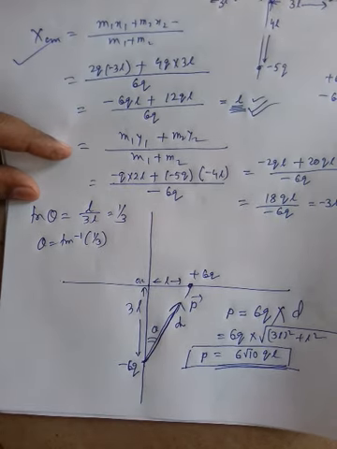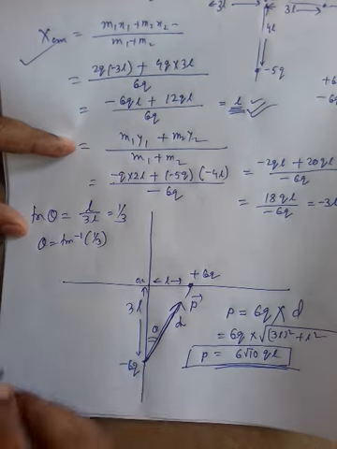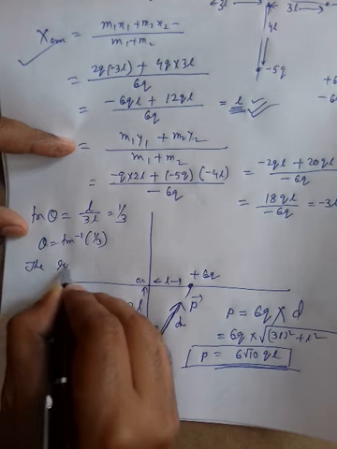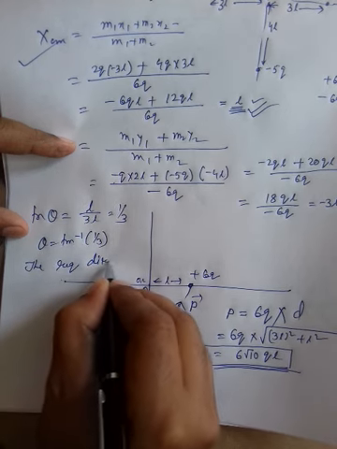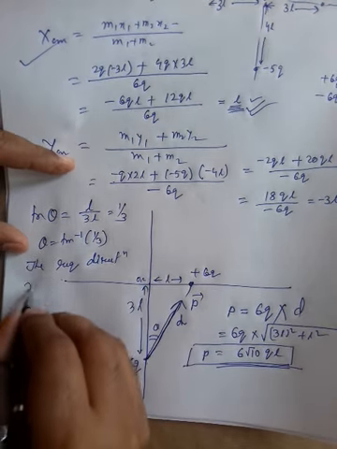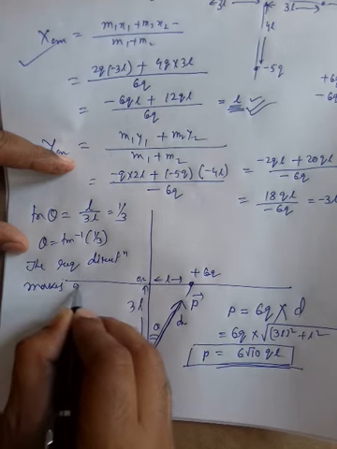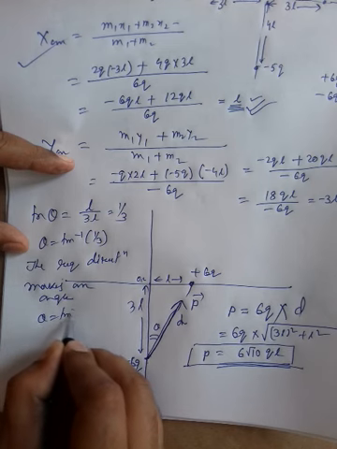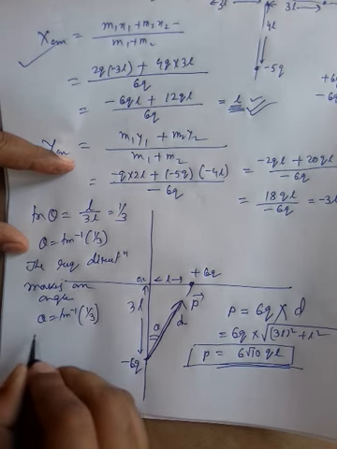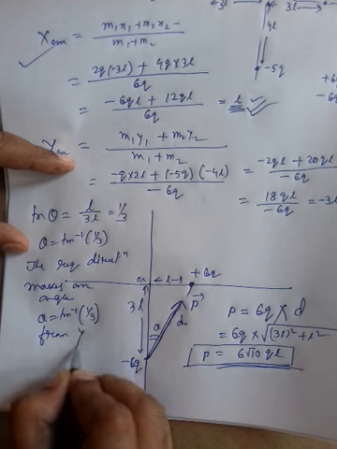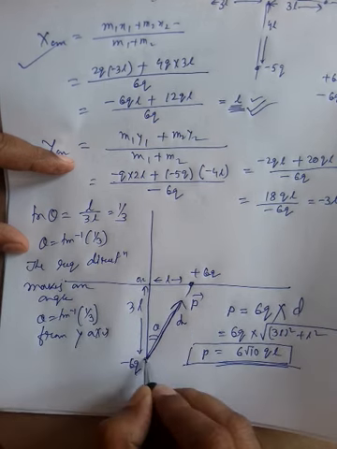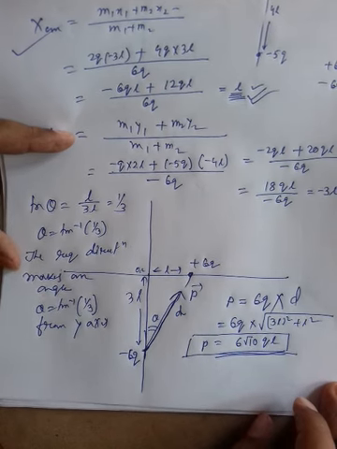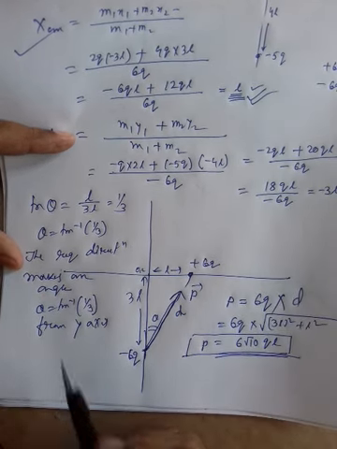So the direction we can write like this: the required direction makes an angle theta equal to tan inverse of 1 by 3 from the y-axis, because we measure it from the y-axis.